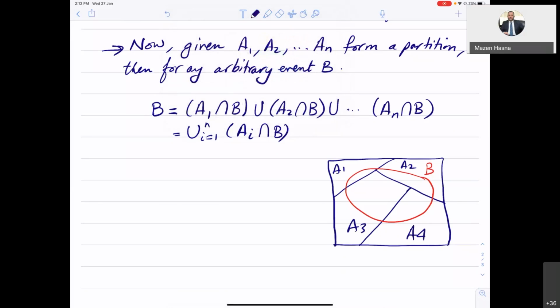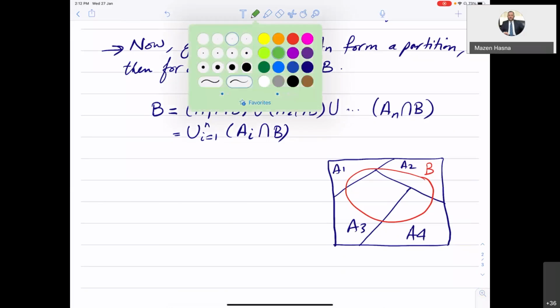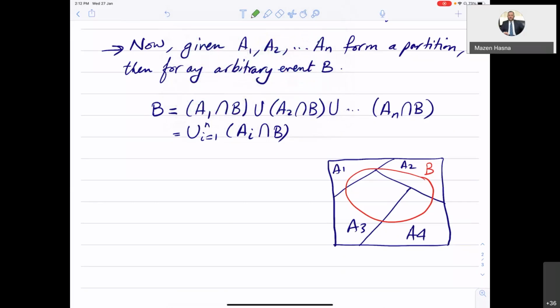What I'm saying here is that you can express B as the intersection of B with A1 and the intersection of B with A2 and the intersection of B with A3 and the intersection of B with A4.